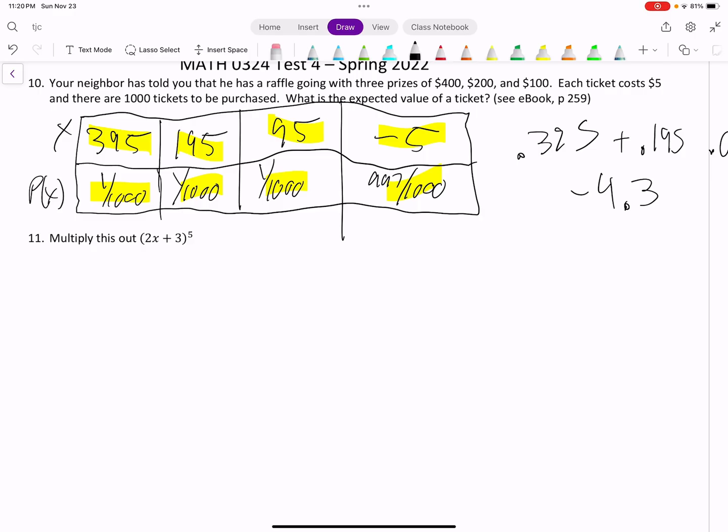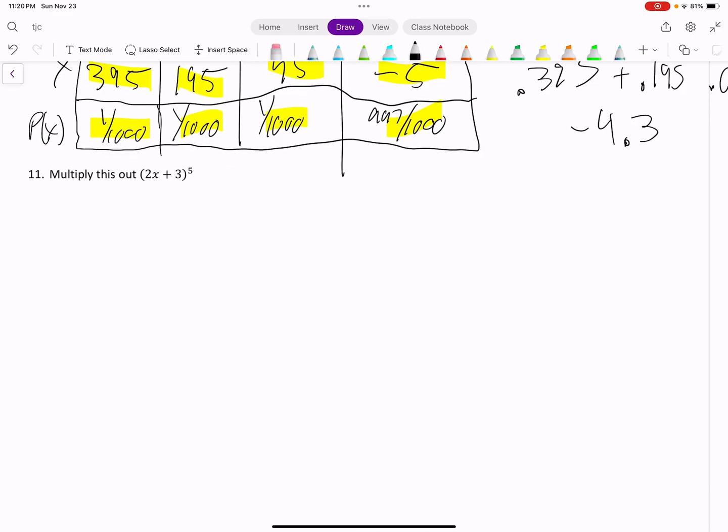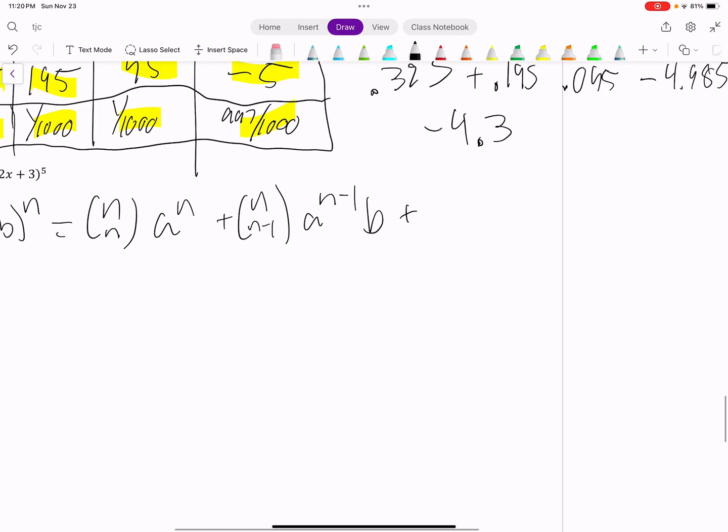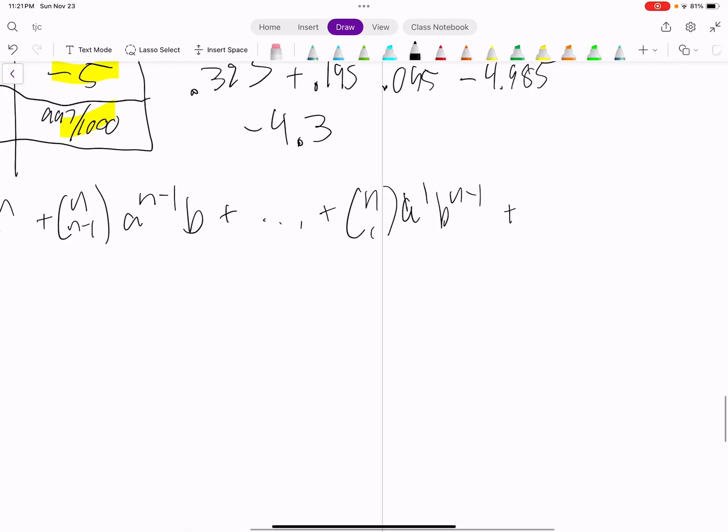Okay, and what we have here is the binomial theorem. It's (a plus b) to the nth equals nCn a to the n, plus nC(n minus 1) a to the n minus 1 times b, plus all the way down to nC1 a times b to the n minus 1, plus nC0 b to the nth.